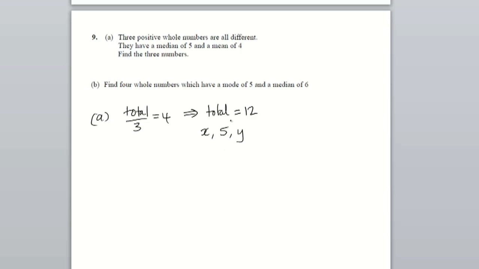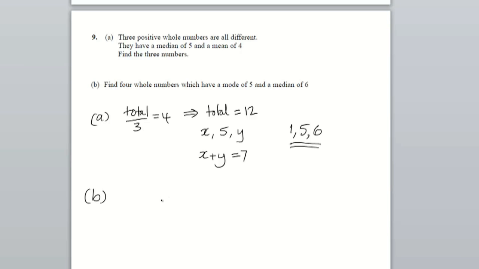Because they've got to add up to 12, then x plus y has got to add up to 7. They're all different, and they're whole numbers, so x could be 1, for example. We've got the 5, and then the other one would have to be 6.